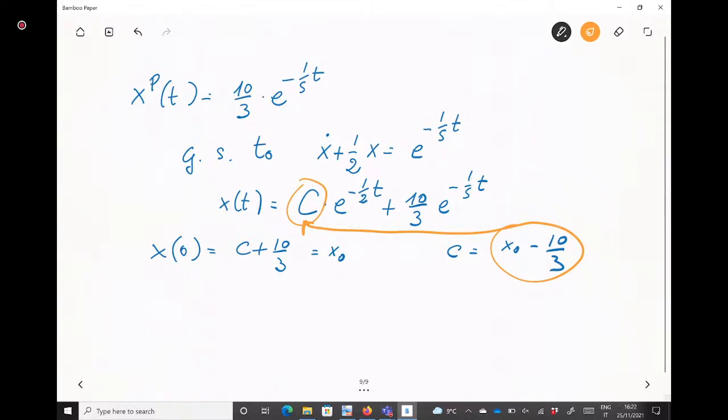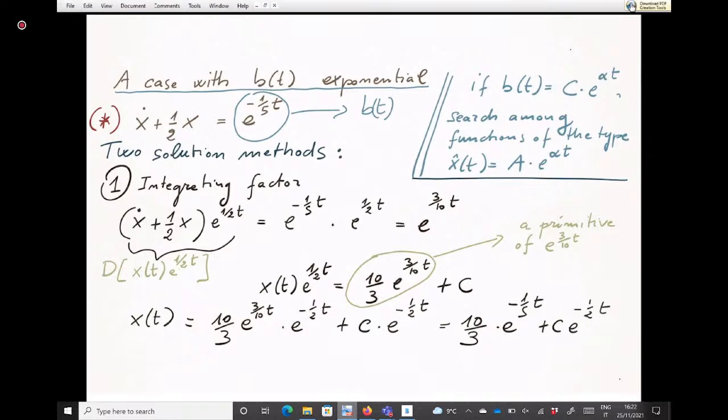And now we have a kind of long-run solution, which is this one. Since here we have a negative exponent, this part, which depends on the initial deviation from 10 over 3, which is the initial value of this solution, disappears in the long run. So basically the representation of this case is like this.